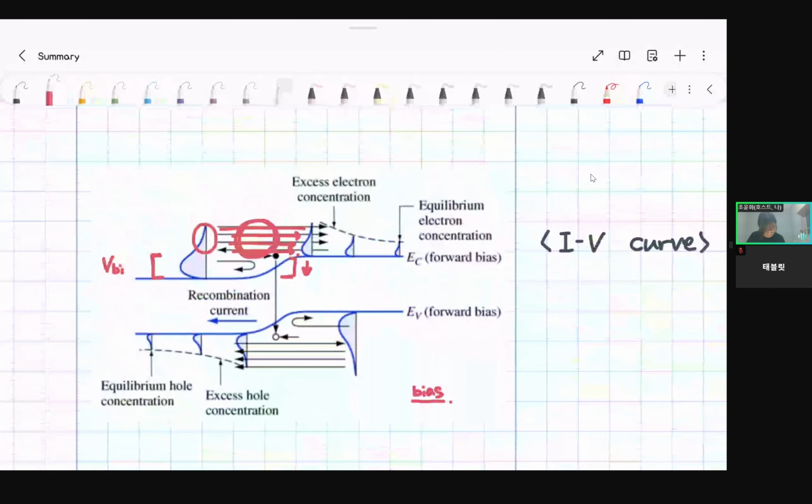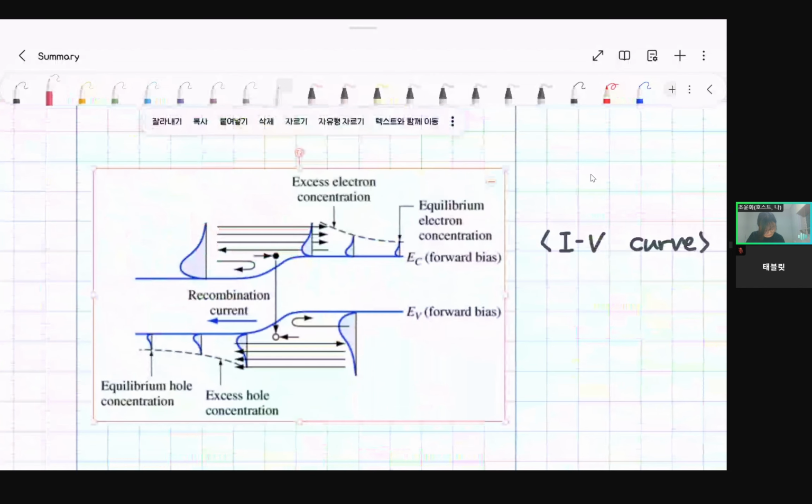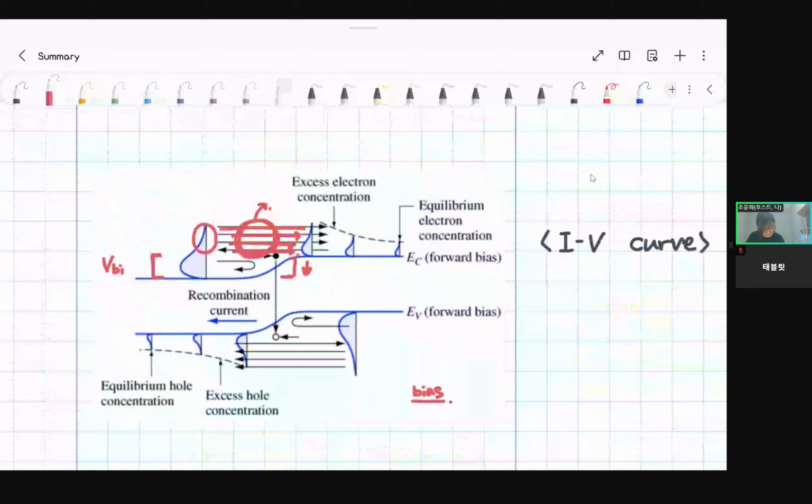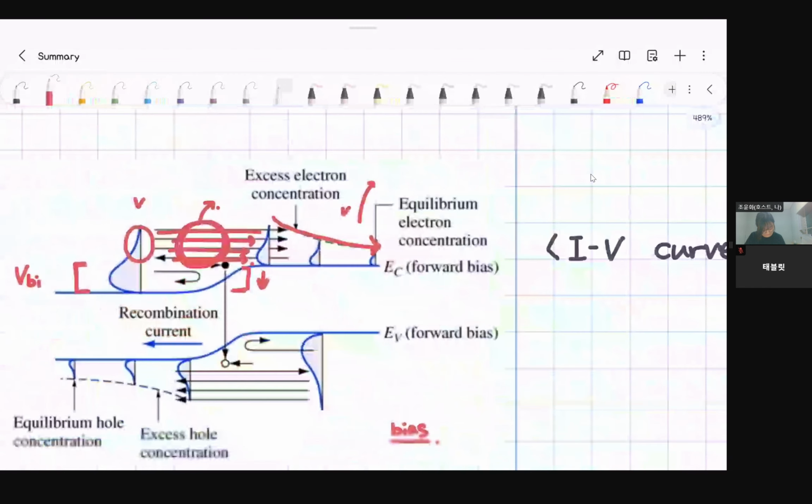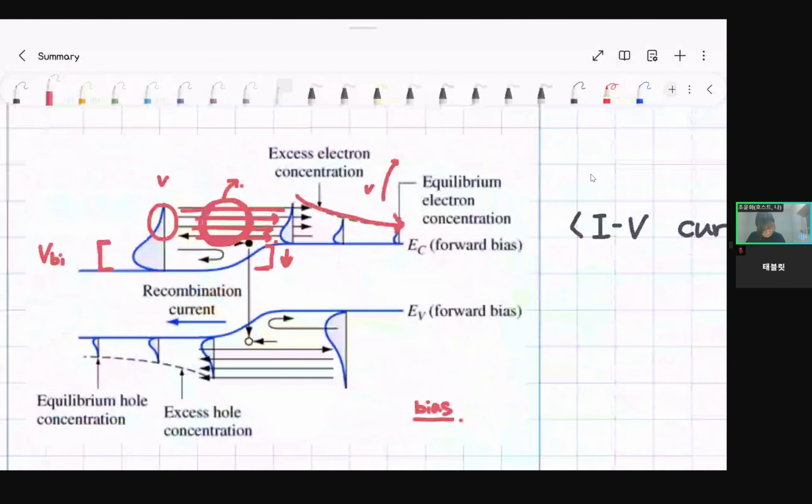So by this difference between the N-type and P-type doping states, the diffusion current flow exists.